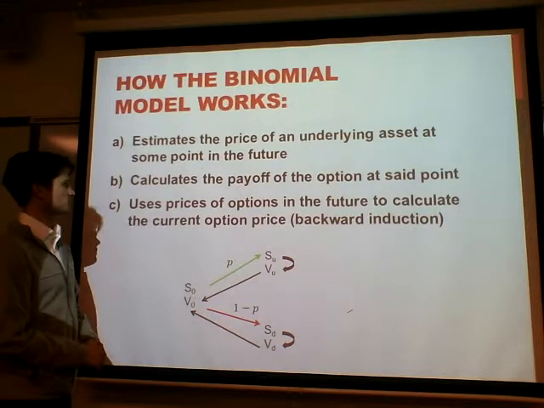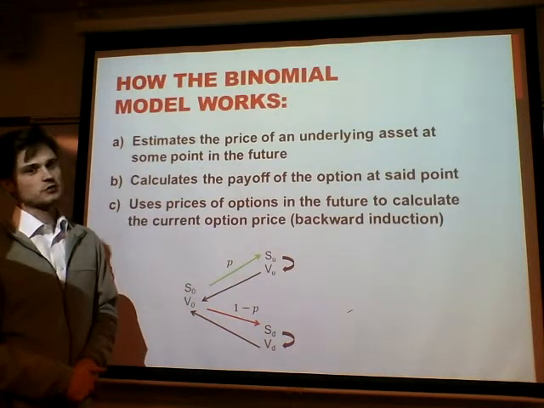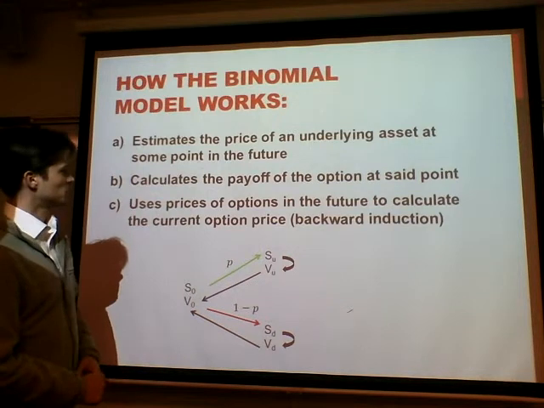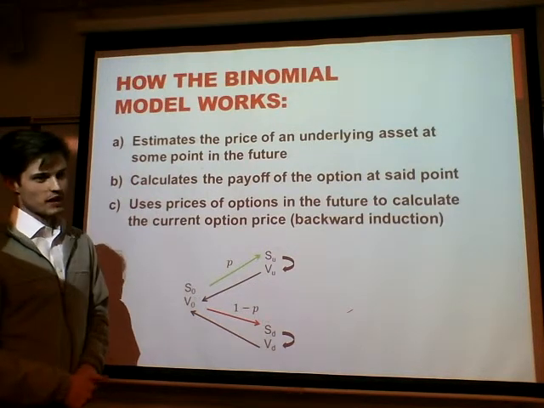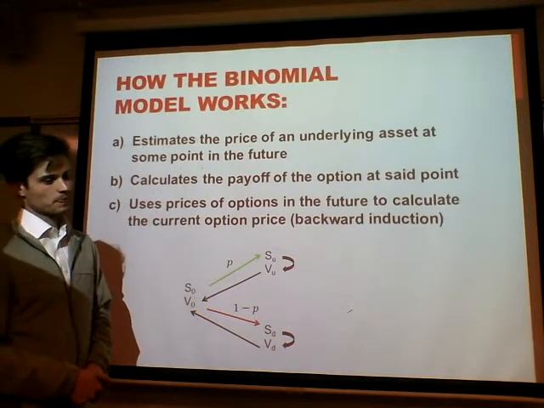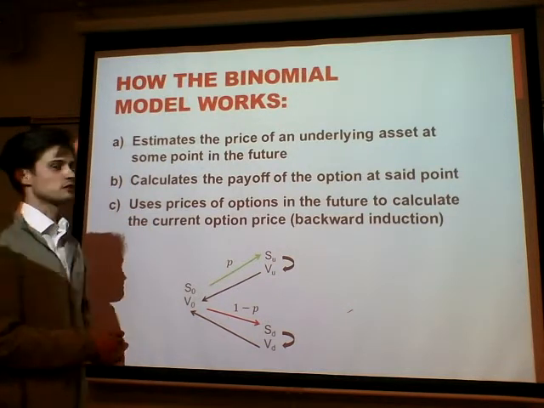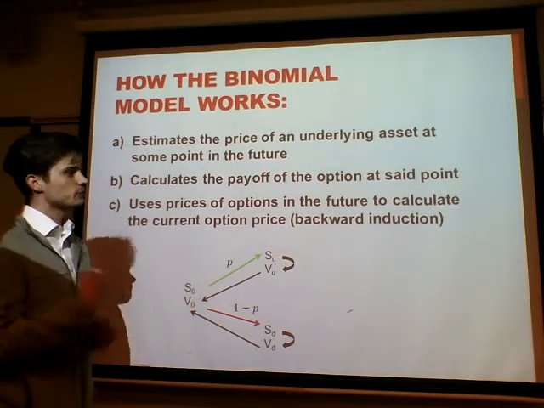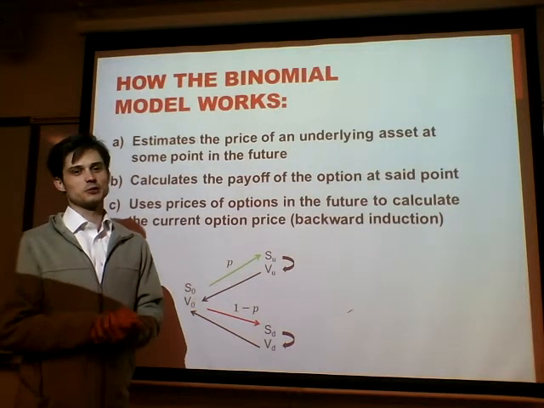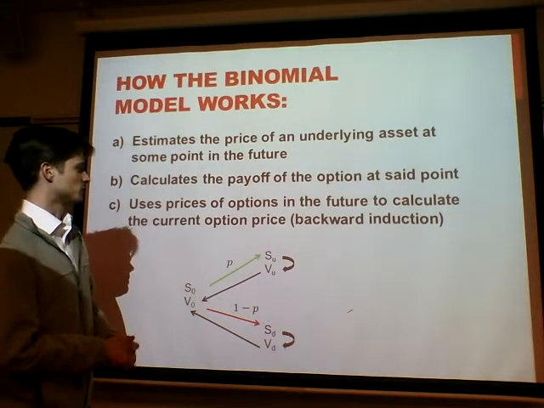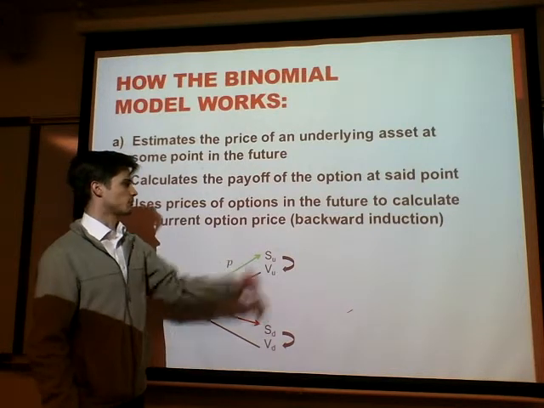Our second step is going to be to calculate the payoff of the option at the time of expiration. And then we're going to use that payoff to calculate the values of the options at previous points in time. And we're going to keep doing that all the way until we get to the option that we're trying to value today. And that is called backward induction.